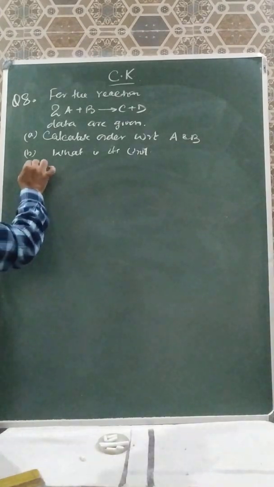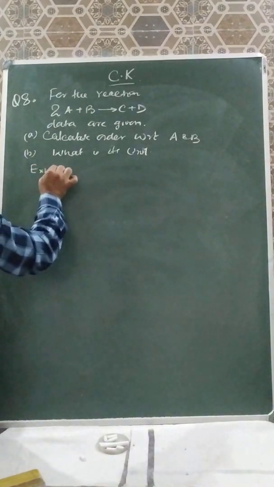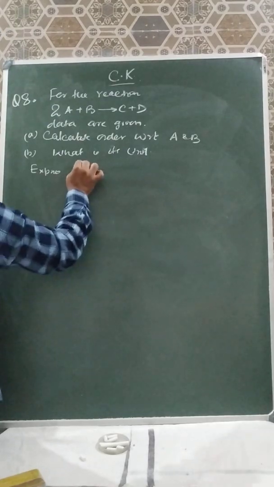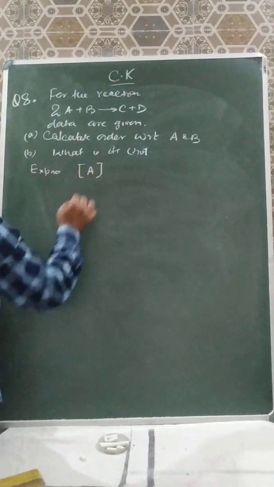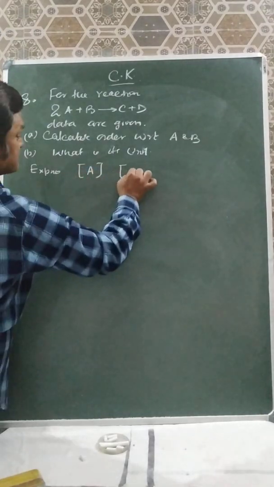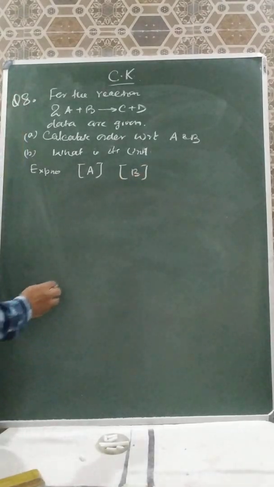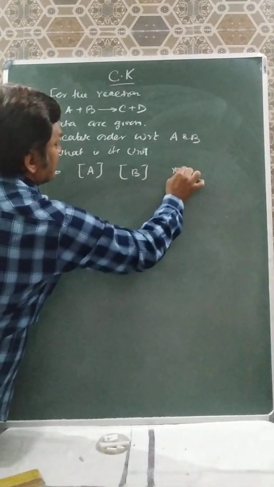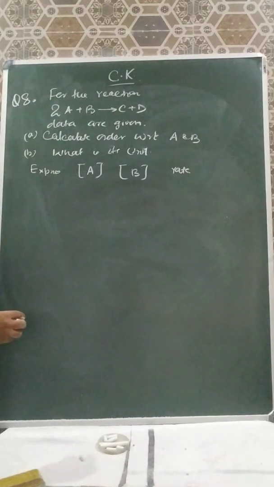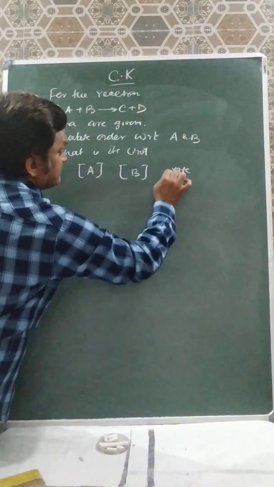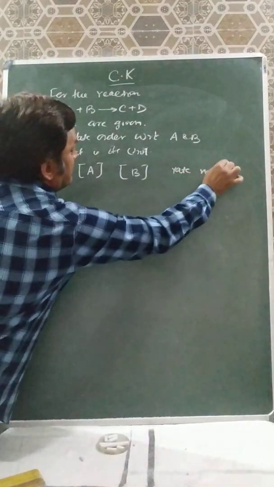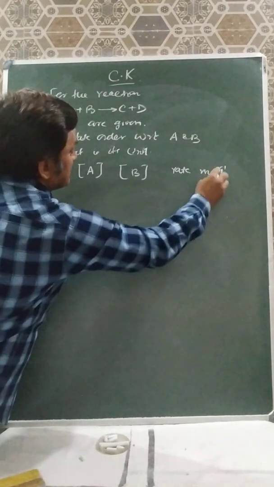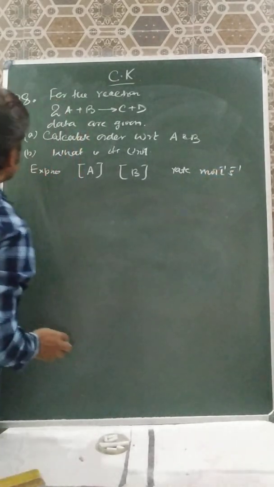The data are: experiment number, initial concentration of A, initial concentration of B, and rate of reaction. The unit of rate of reaction is mole per liter per second.